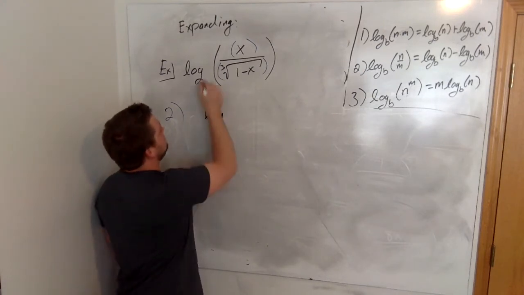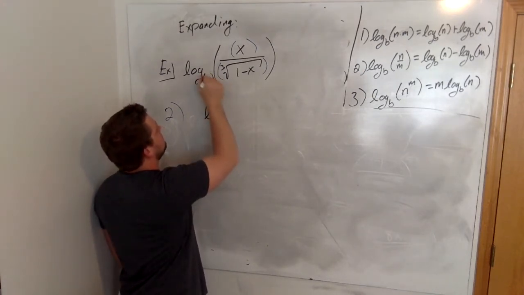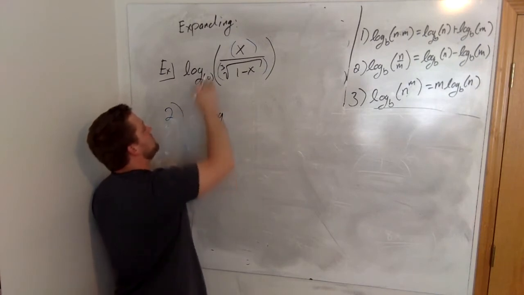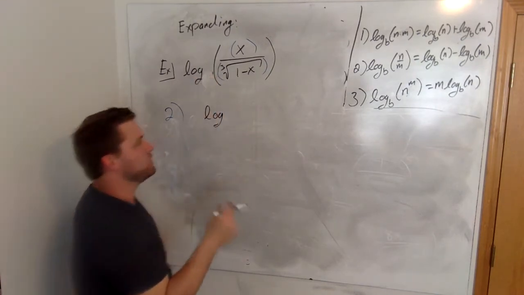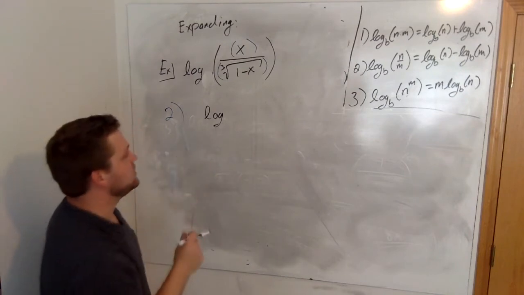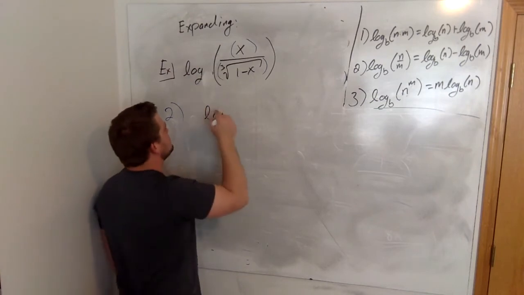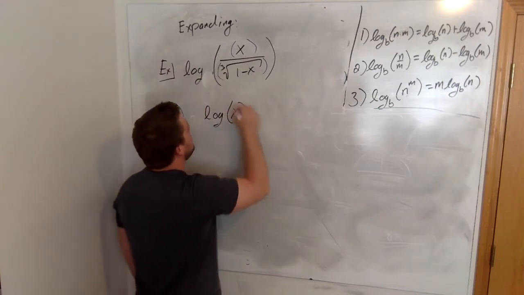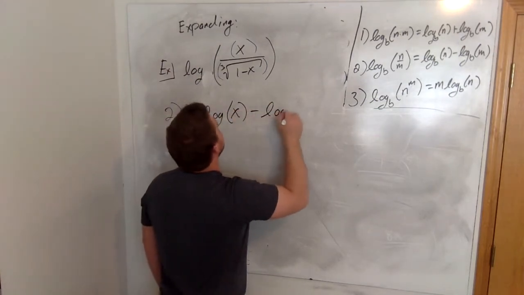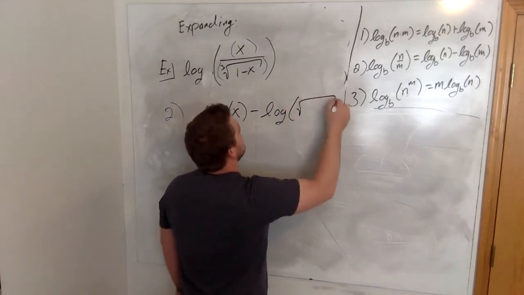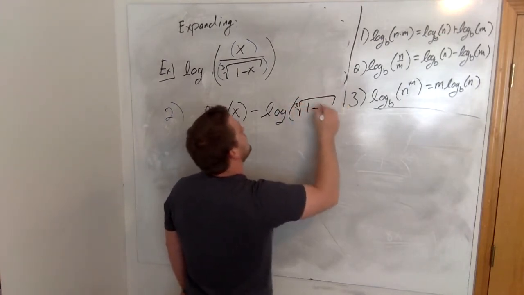Remember, when it just says log, that means this is base 10. It's just log base 10 is so common, we don't write the 10 there. It's kind of like for square roots, we don't write a little 2 there, and we write a cube root. For square root so common, we don't put that 2 there. This is the same thing as log of x minus the log of the cubed root of 1 minus x.